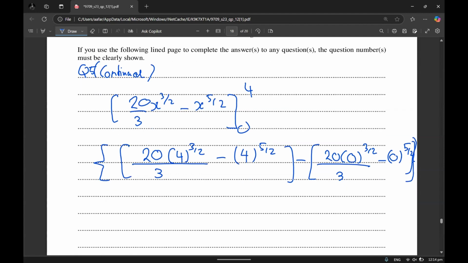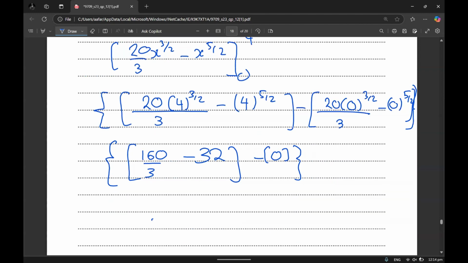What we get over here is 160 over 3 for this term, minus 4 power 5 over 2, which is 32. And the lower limit is 0 minus 0, which is 0. So that's what you get, 64 over 3.